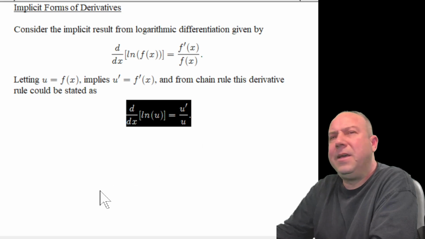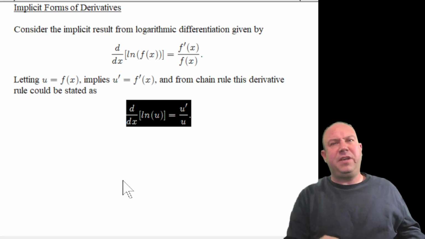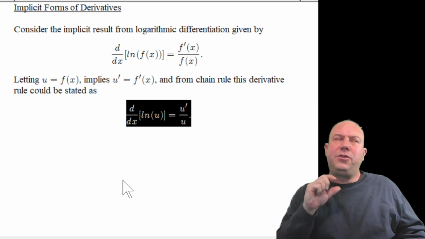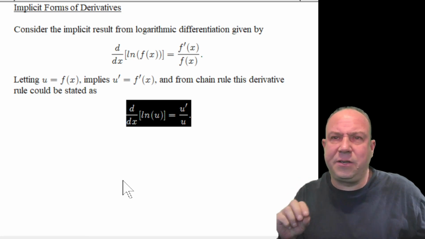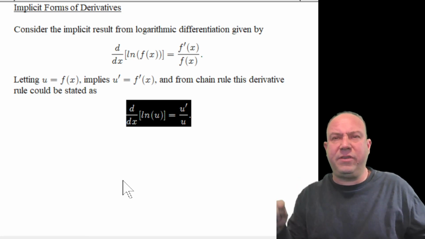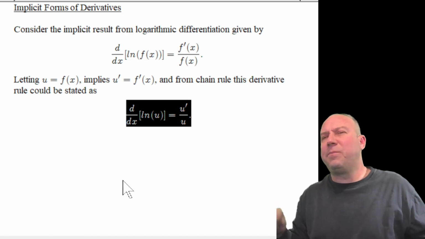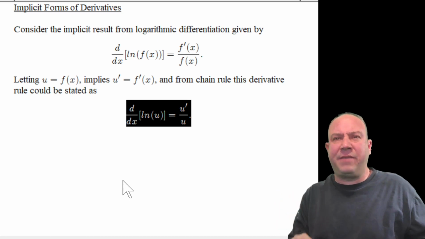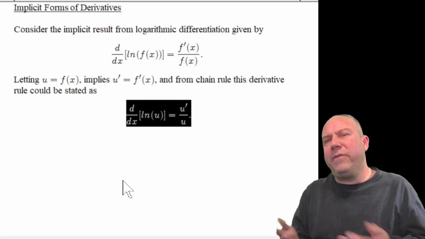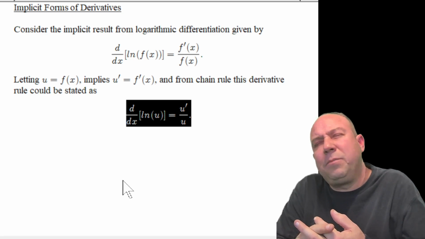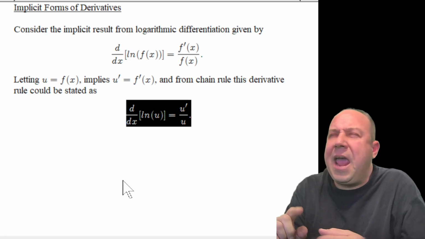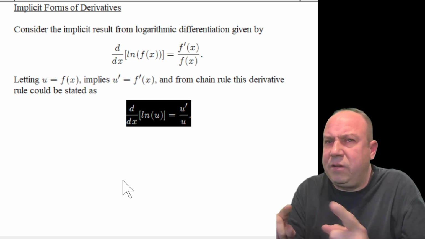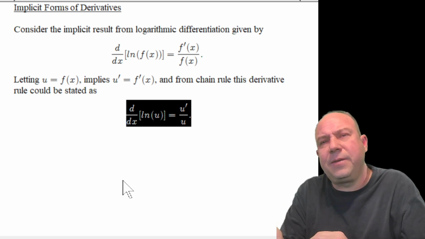This is a more convenient form to pack away as a derivative rule, as opposed to just the case for the ln of x. The derivative with respect to x for the ln of x is simply equal to 1 over x, and that is only a derivative rule for the ln of x.